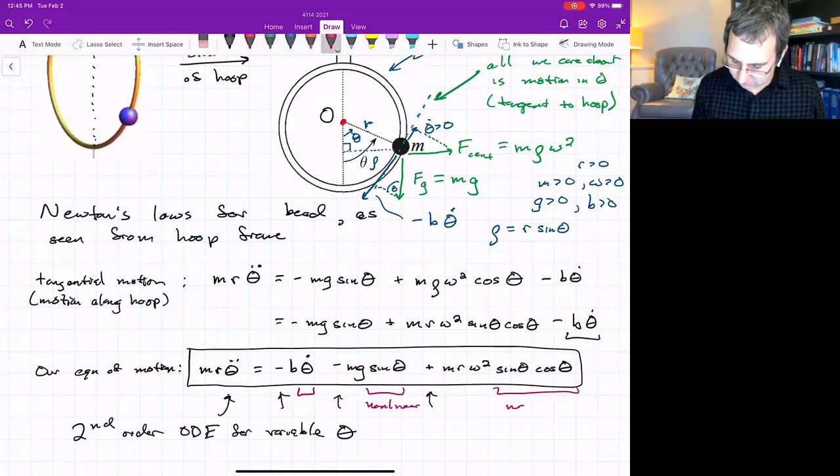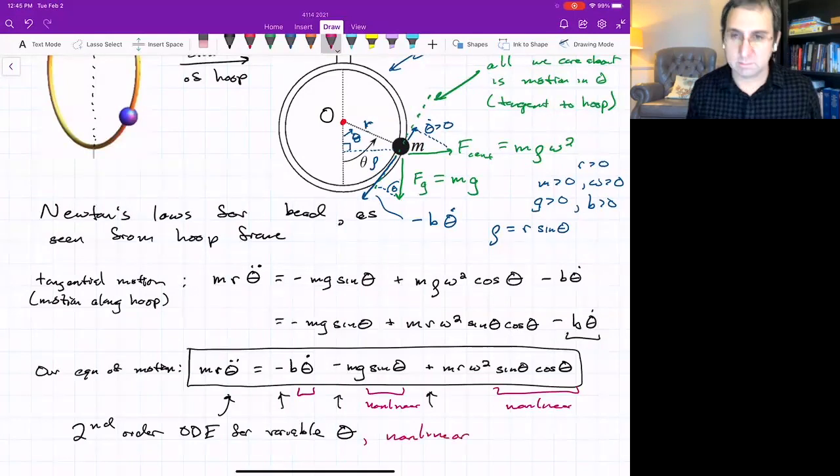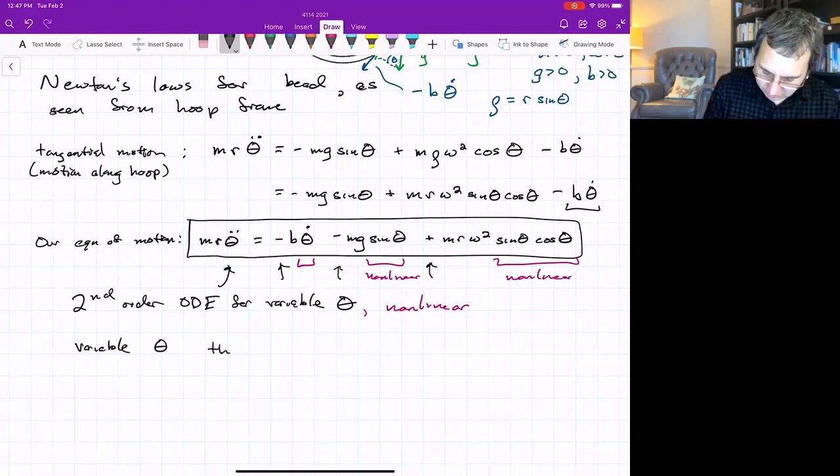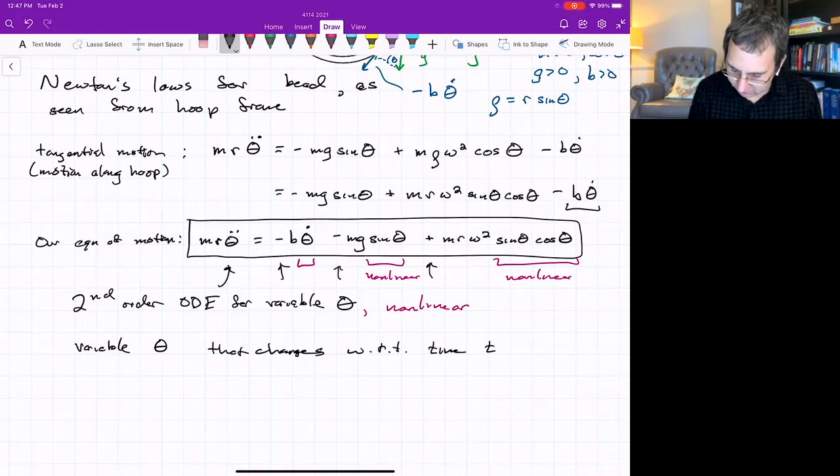Sine theta, cosine theta, definitely nonlinear. So it's a nonlinear second order ODE. We've got the variable theta that changes with respect to time, t, which is buried in these things like theta dot, right? What's theta dot? That's d theta dt. Theta double dot is the second derivative of theta with respect to t.